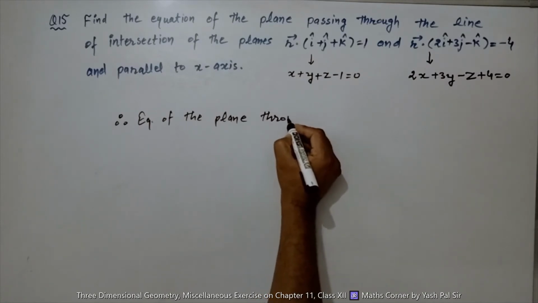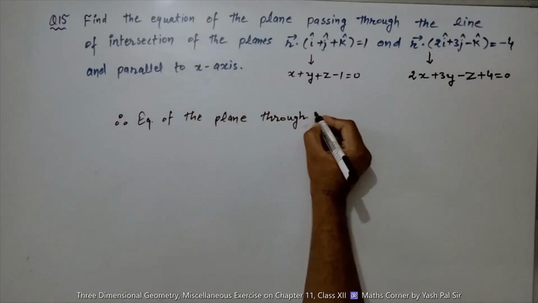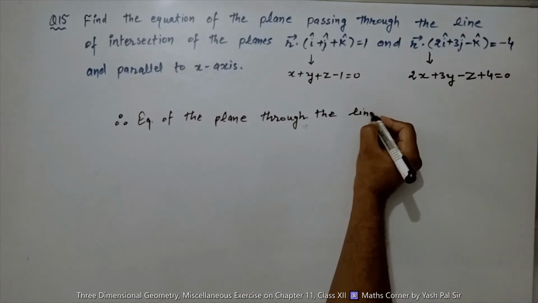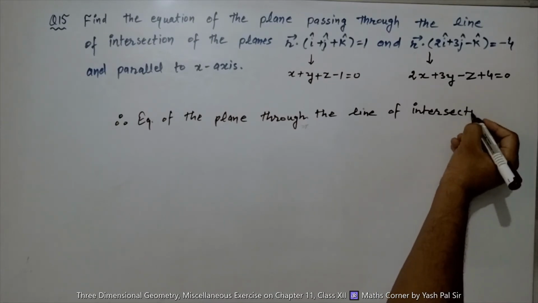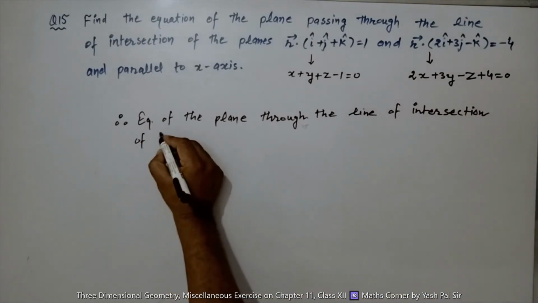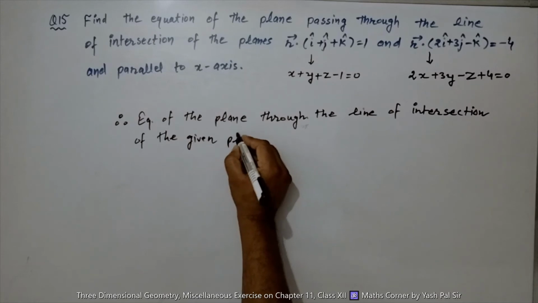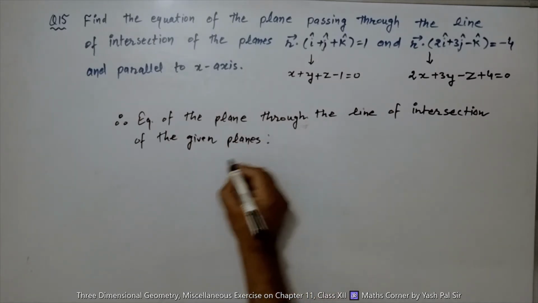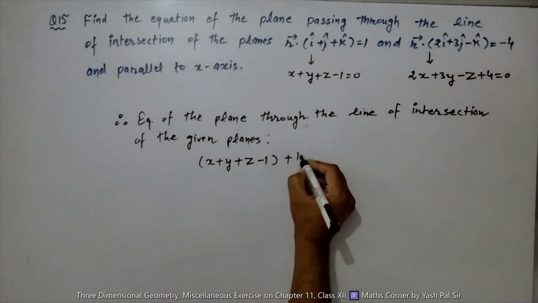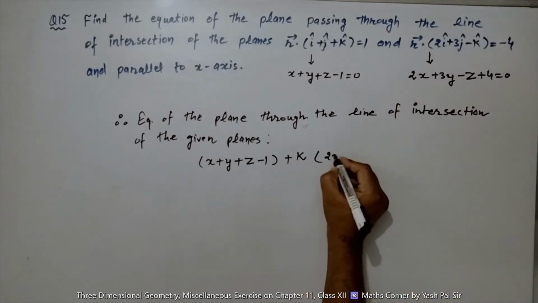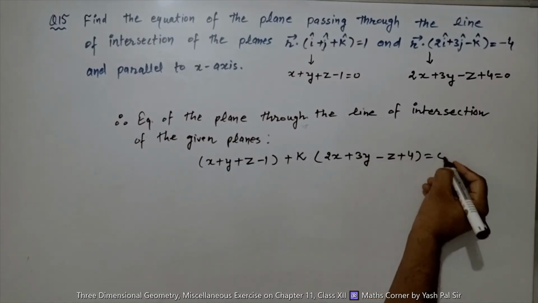So the equation of the plane through the line of intersection of these two given planes will be x plus y plus z minus 1 plus k times the second plane 2x plus 3y minus z plus 4 equal to 0.